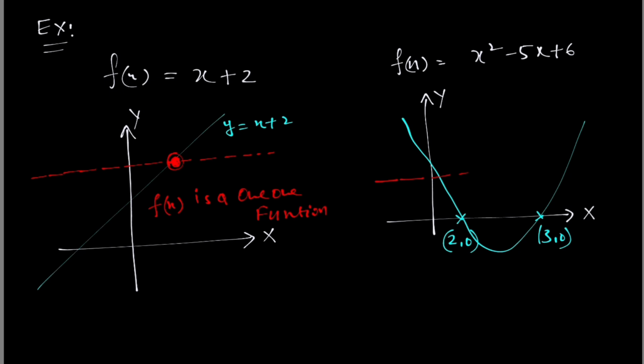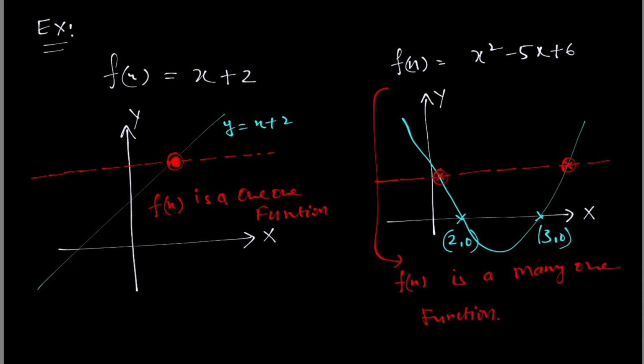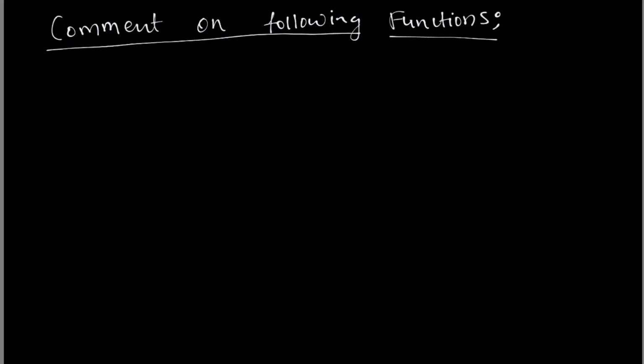The horizontal line cuts the function f of x at more than one place, so I can say f of x is a many-one function.